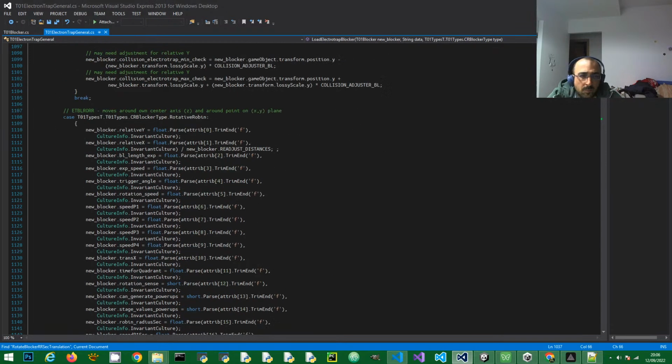Rotative. So we adjusted the y distance. Now we must adjust the x distance. We have to readjust the y distance.